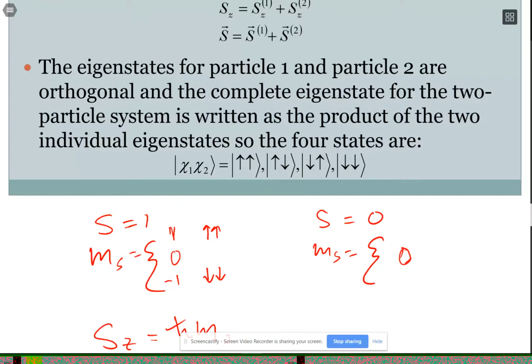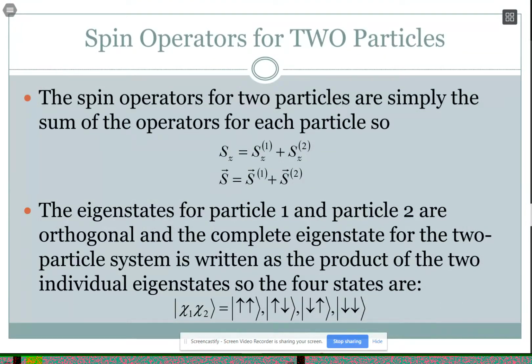What would you do then? They're kind of hard to differentiate. There's a couple ways to go about this, and what we're going to do is say, what are the raising and lowering operators?